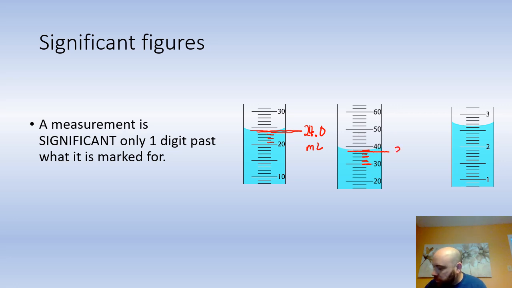So this would be 38.0 milliliters. Again, in this measurement, we can pretty confidently say that it's 0.0 milliliters because it's right on that mark. Our measuring scale is not marked for that decimal place, but we can be pretty certain that it's there.